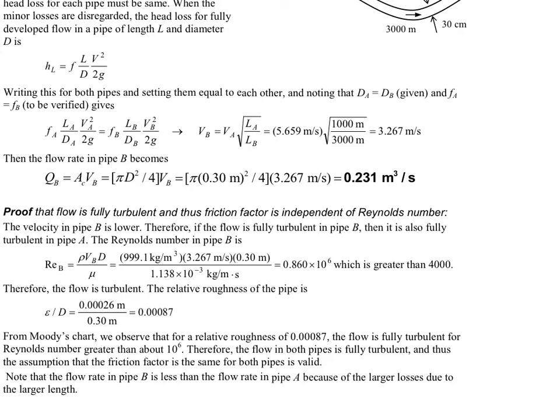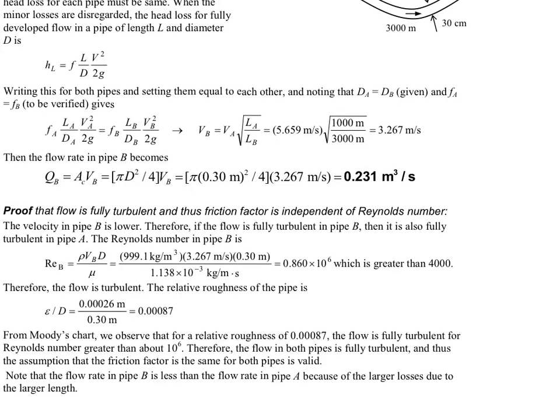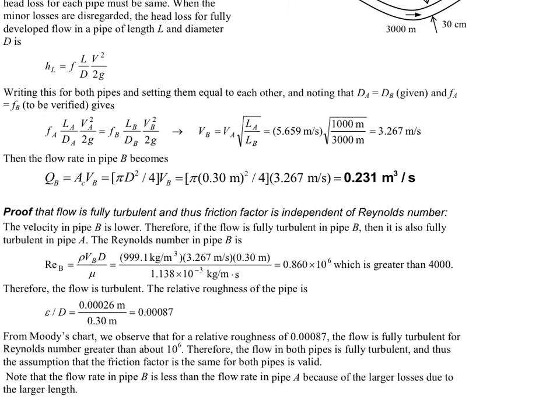Now, I leave it as an exercise for you to go over the proof that the flow is fully developed turbulent flow and the friction factor is independent of the Reynolds number. If you recall, the lines in the Moody diagram are all horizontal for fully developed turbulent flow.